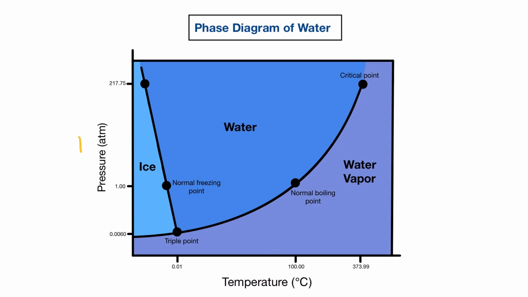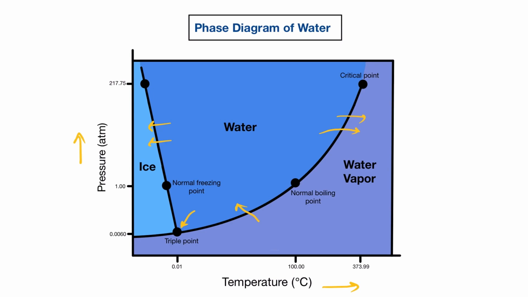So we have pressure on the one side and temperature on the other. Now this is called the triple point of water. This is the most interesting point, that is around 0 degrees Celsius, right? Now as we increase the temperature, you can see that the water tends to form water vapor, and as you try to cool, it either forms water, and as you cool further, it goes towards the ice region.